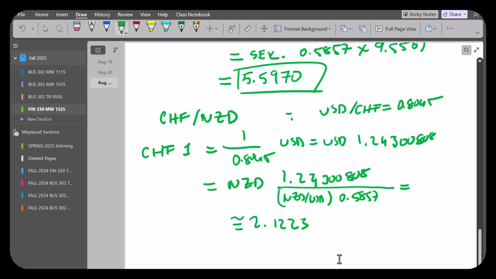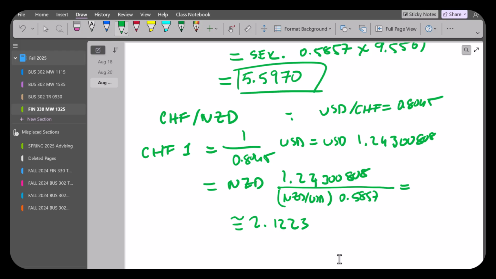So 1 Swiss franc would buy you that much New Zealand. No, I don't think that number is correct. Yeah, it is correct. Yeah, 2.1223, not 1 point. Right?